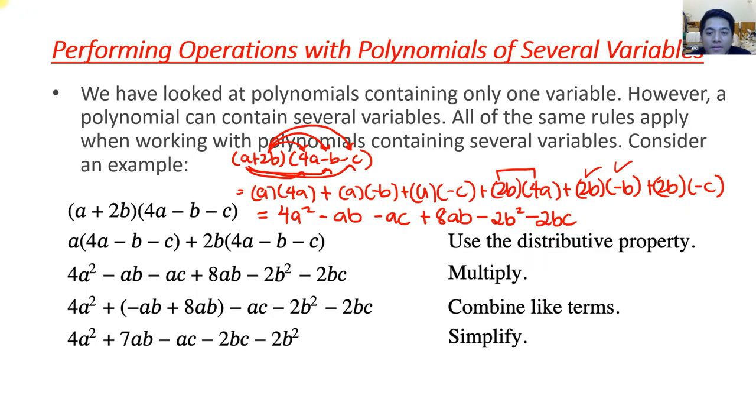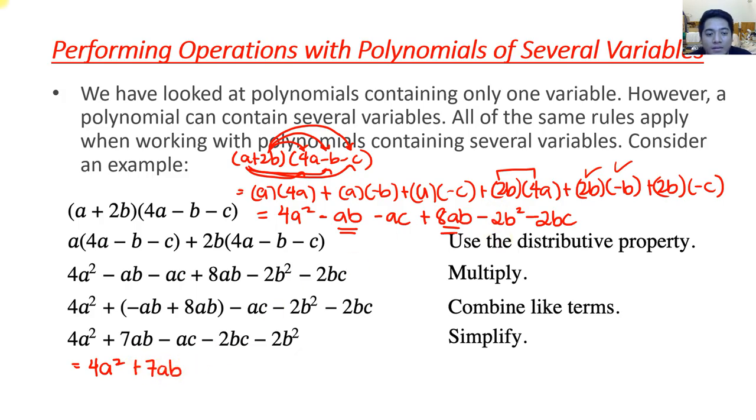Alright, so combining like terms. You have 4a squared. Do you have another a squared? No. Basically, we have negative ab and positive 8ab. Same variables, same term. So negative ab plus 8ab would be plus 7ab.